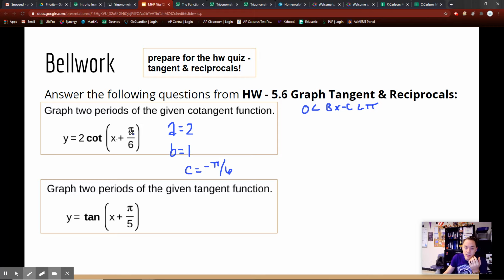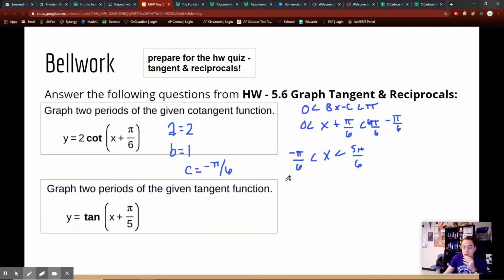What's your bx? So this is your bx, so this is 0, x plus pi all over 6, and then pi. And I minus pi over 6 on either side, so minus pi all over 6. This is x. If I minus pi over 6 right here, this is 6 times 6. So this is actually 5 pi all over 6.